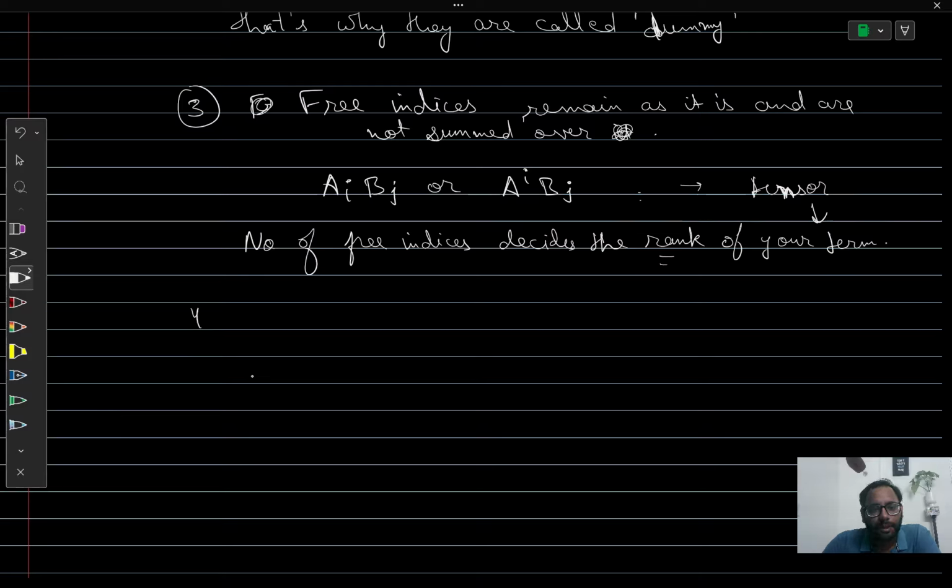Okay, so let's do the next thing. An index should not appear more than twice in one term.